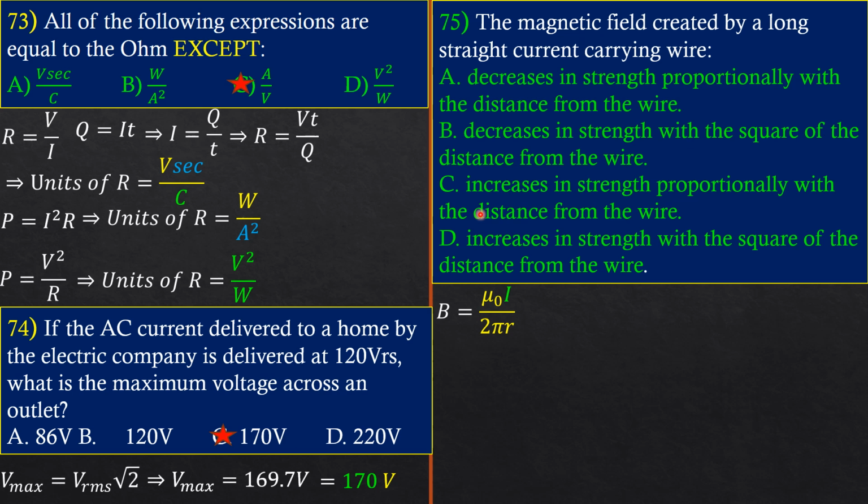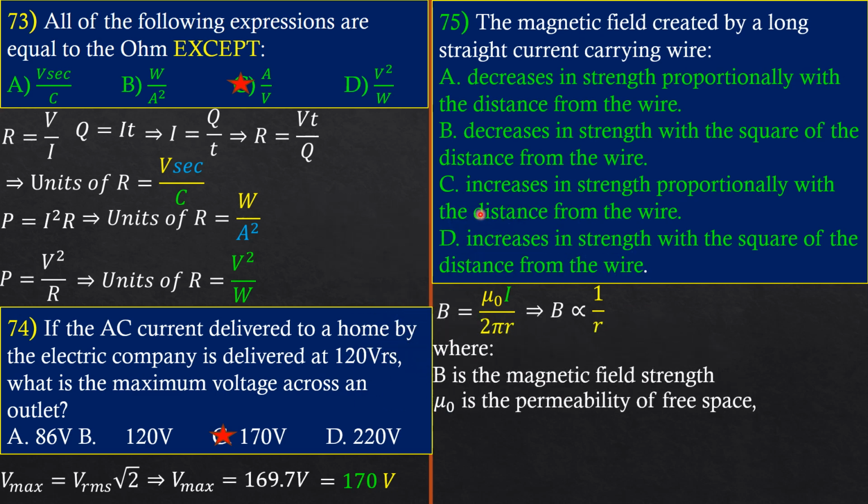Now we notice that B in this case is inversely proportional to what? R, right? Great. It's inversely proportional to r. Here B is the magnetic field strength, mu 0 is the permeability of free space, I is the current, and r is the distance from the wire. That therefore implies, guys, option A is saying that the strength decreases proportionally with the distance from the wire, that is, the strength decreases when the distance increases.